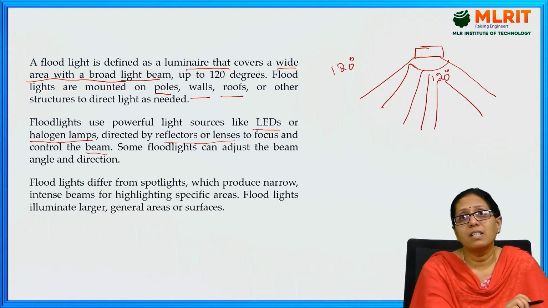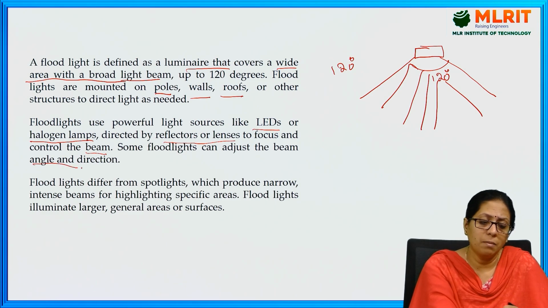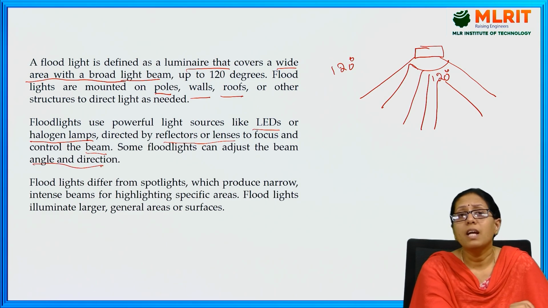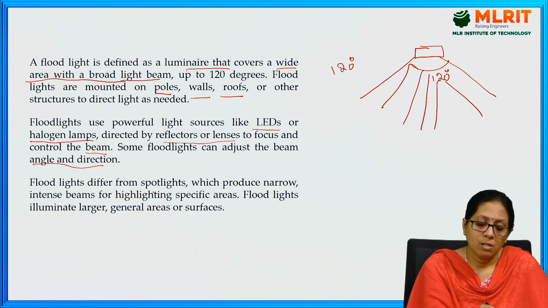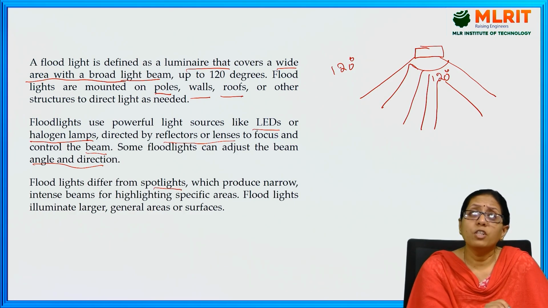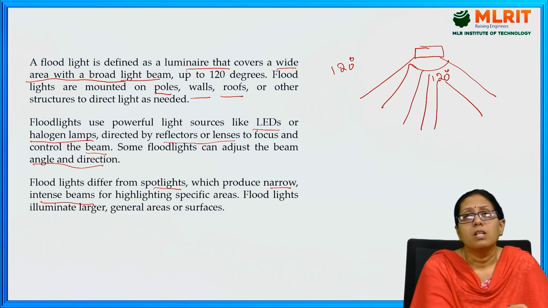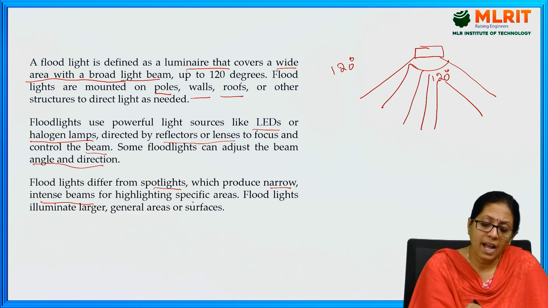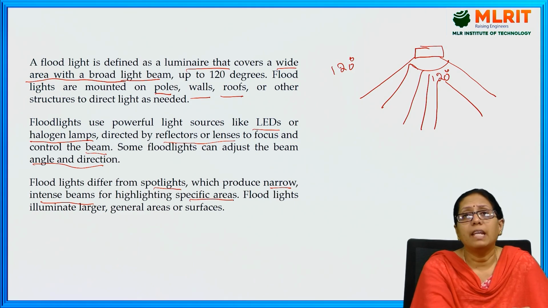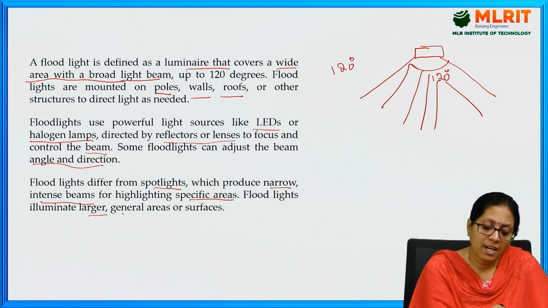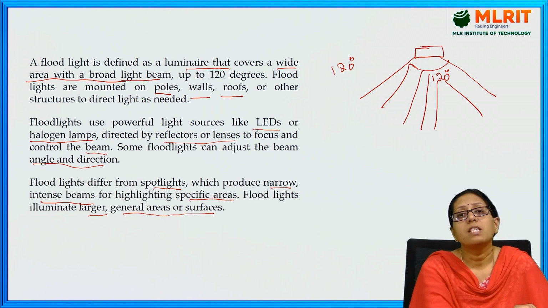Some floodlights can adjust the beam angle as directed. Floodlights differ from spotlights, which provide a narrow intense beam for highlighting a specific area. Floodlights illuminate larger and general areas of the surface.